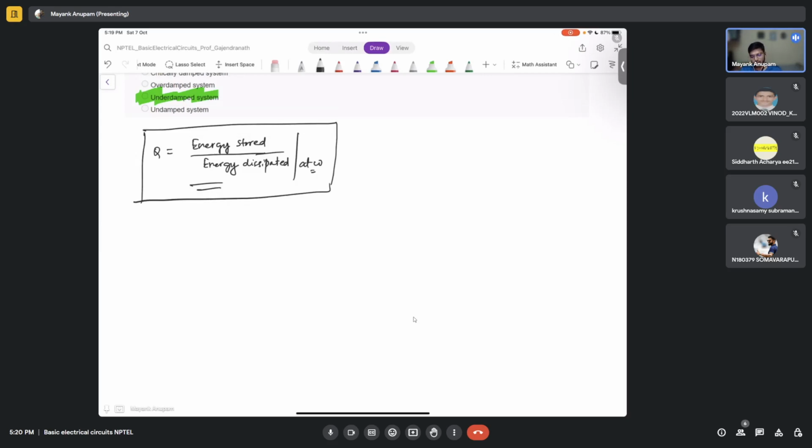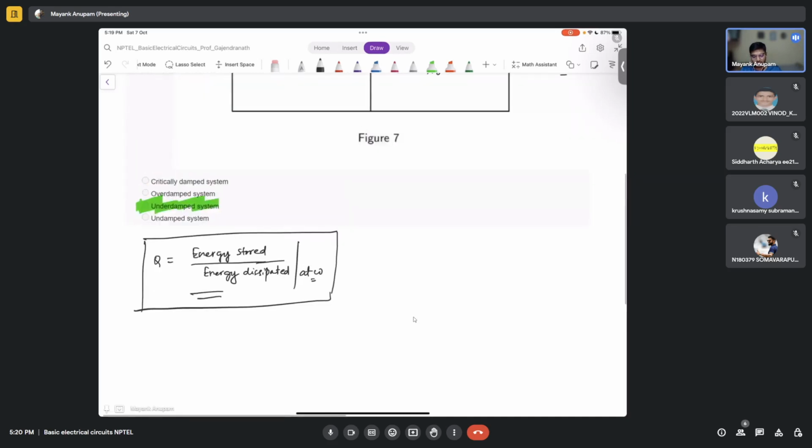From this definition, you can clearly understand that quality factor is a measure of how good your circuit is in terms of storing energy. Are you following me? If the energy dissipated is 0, then the quality factor becomes infinity.